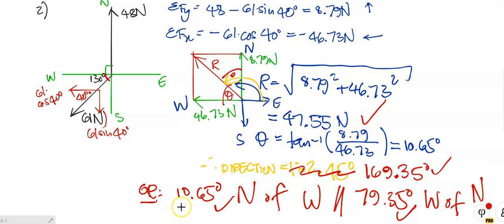And if you say the direction is 10.65 degrees, that's going to be wrong. If you say the direction is 10.65 degrees west of north, that is wrong too. If you say the direction is 79.35 degrees north of west, that is wrong too. It must either be that, or that whole one exactly, or that whole one exactly.